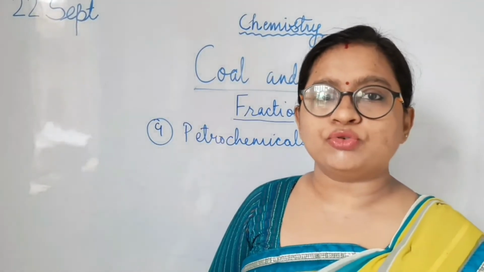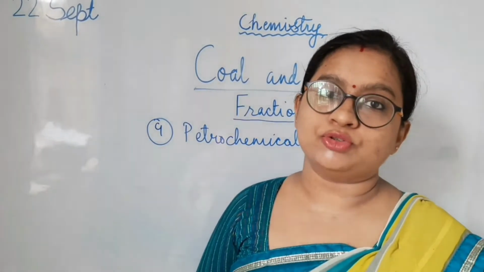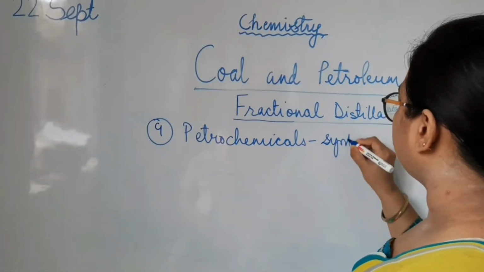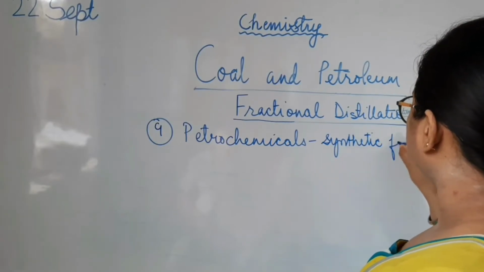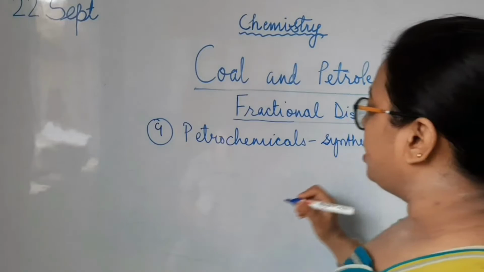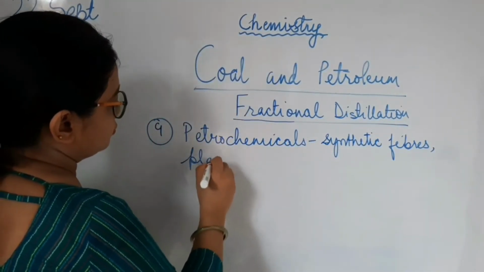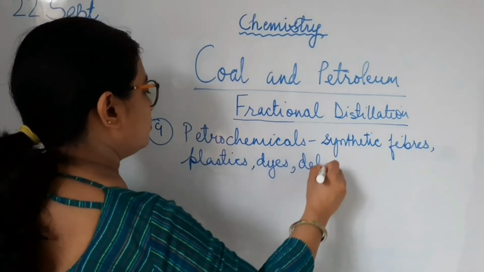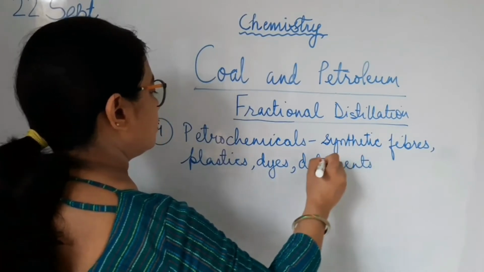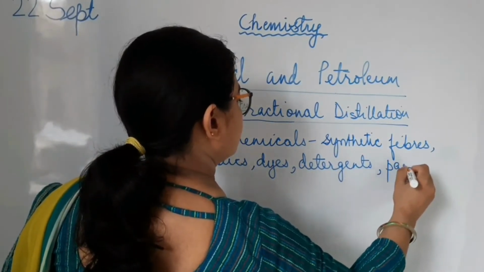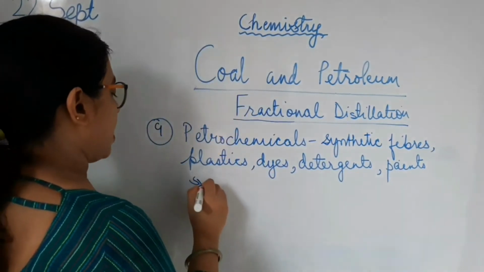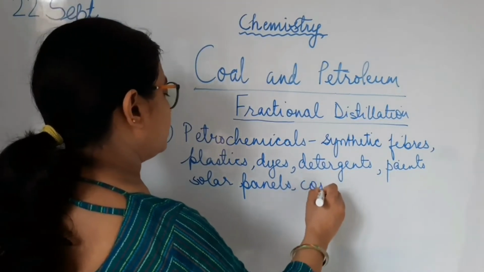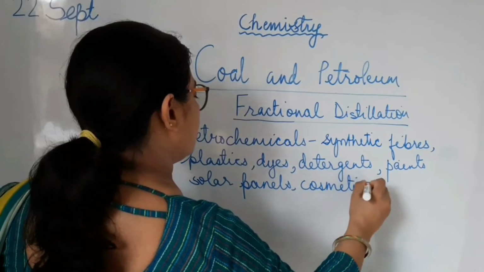And what are the uses of petrochemicals? Well, there are lots of uses of petrochemicals. For example, petrochemicals are used to make synthetic fibers, plastics, dyes, detergents, paints, solar panels, cosmetics, and many more.